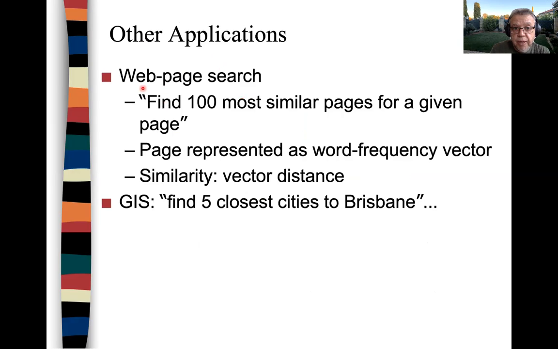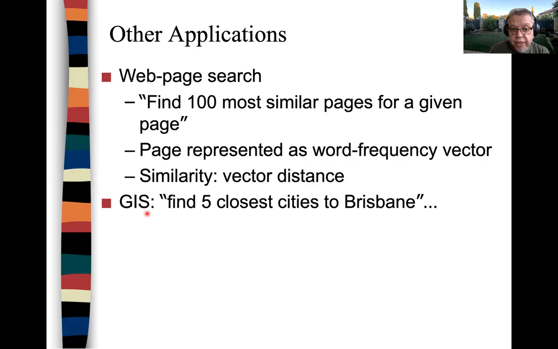Other examples or applications: web page search. For example, I want to find the 100 most similar pages for a given page. So I do a representation of this page as word frequency vectors. I look for the frequency that a certain word comes up in that page, and my similarity would be the vector distance in that space.